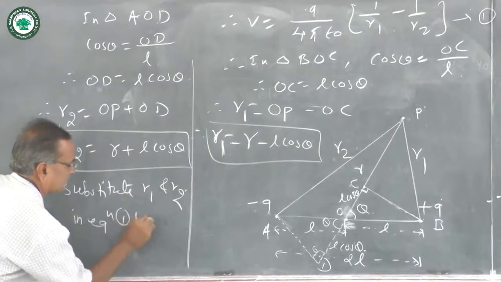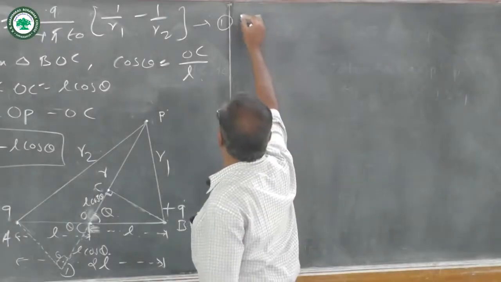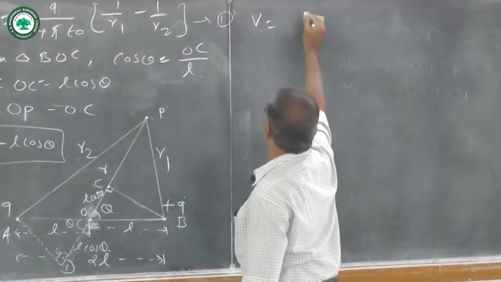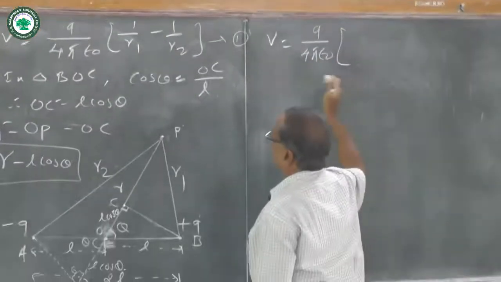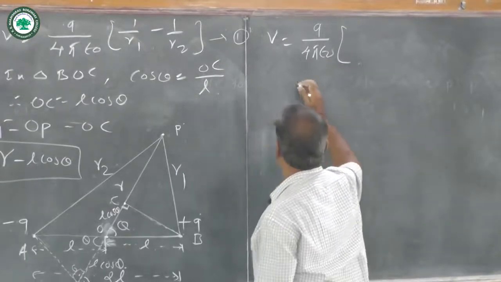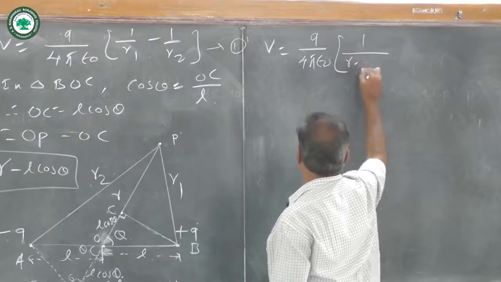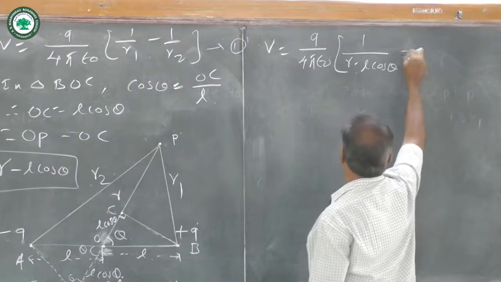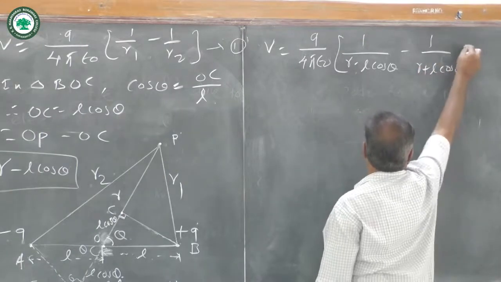Then we get equation 1: V equals Q upon 4 pi epsilon naught, 1 by R1 upon 1 by R minus L cos theta, minus 1 upon R plus L cos theta.